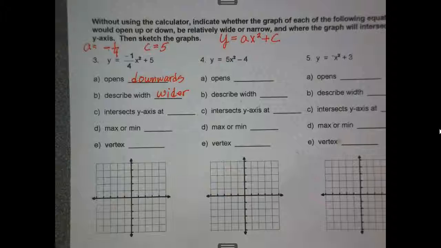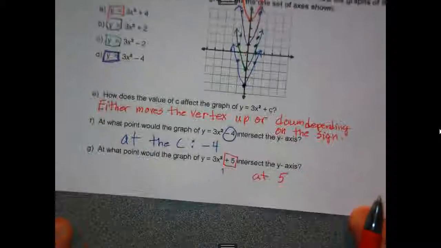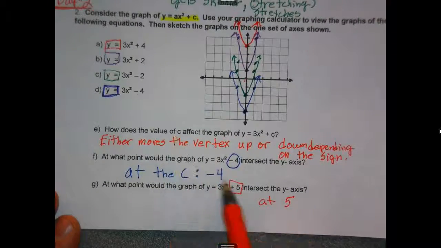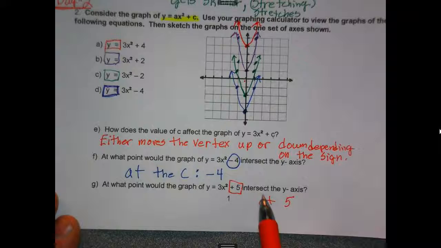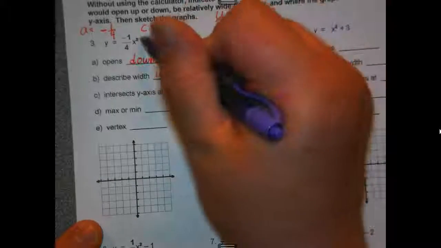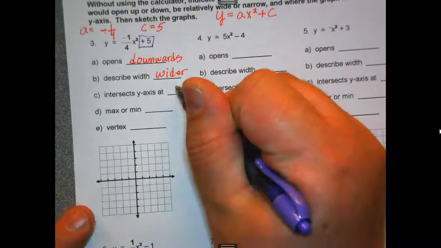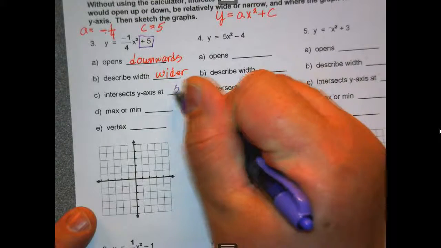And we described this one intersecting the y-axis. Well, we just did that down here. Our c tells us where it's going to intersect the y-axis. So we look at our problem. Our c is positive 5. So it's going to intersect the y-axis at 5.